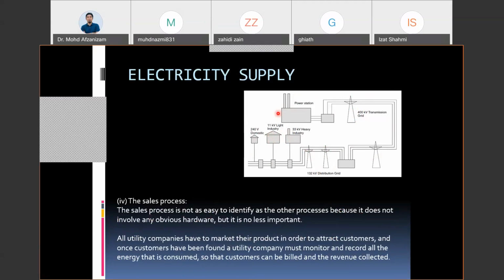By considering all this work from the power station until the distribution grid, they need to consider all the costs. So that's where the tariff comes in, to compensate for the cost of producing all the energy.